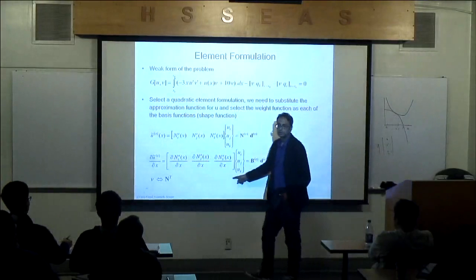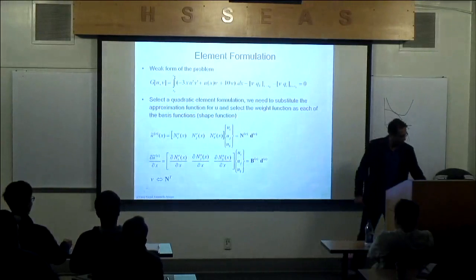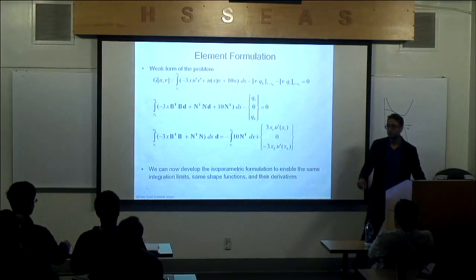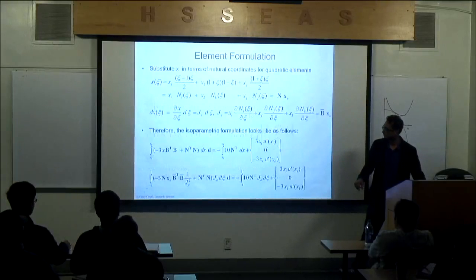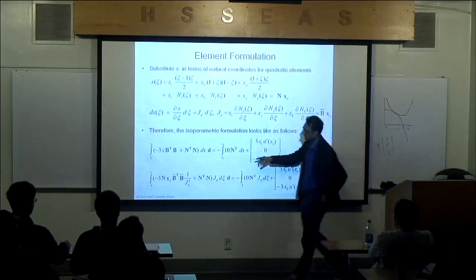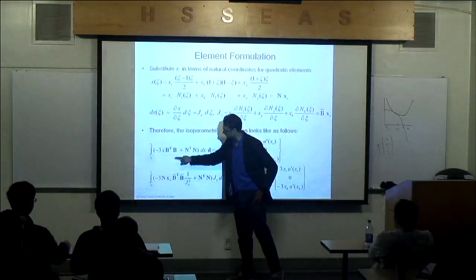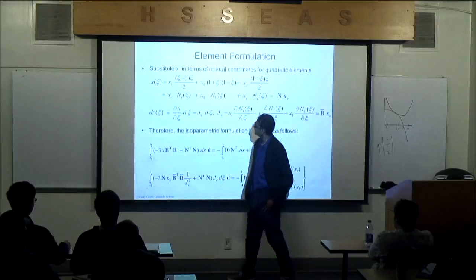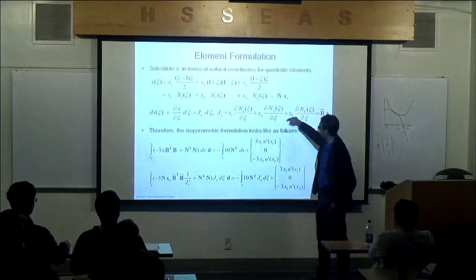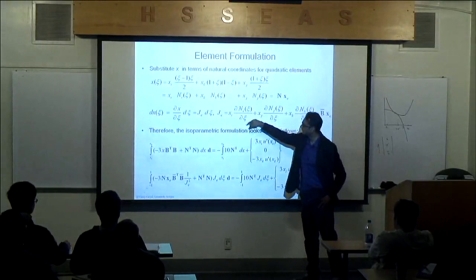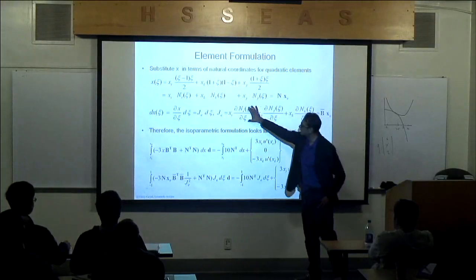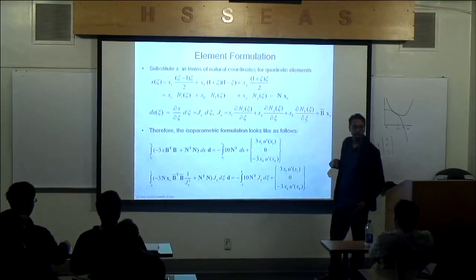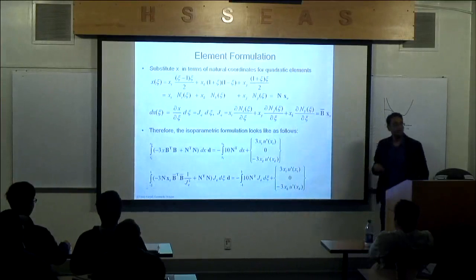And so B bold, we already showed you that is B bar times 1 over J. We showed you that step. So all I did, I plugged it in there. Now this B bar is easy to calculate because it's basically these values here. This B bar is composed of this derivative and this derivative in a matrix format. Any questions?